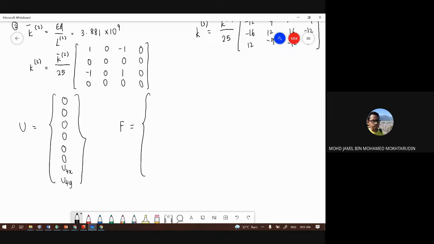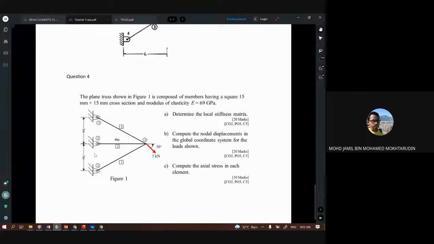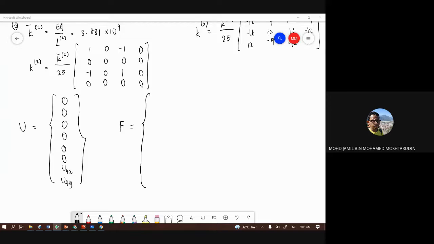Then we can find the force. We can assemble the force vector. So we have all forces because for each of the nodes 1, 2, and 3, we have a support, okay? A fully fixed support, meaning that we have internal reaction forces at the supports 1, 2, and 3. So we have all force components in all of the elements, I mean nodes.